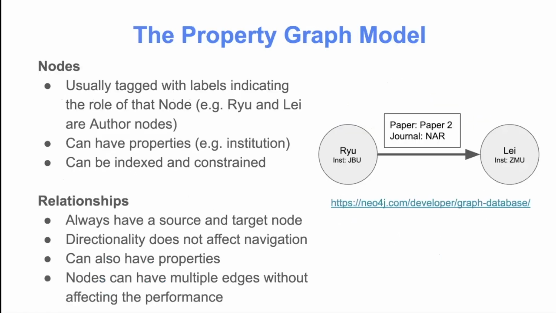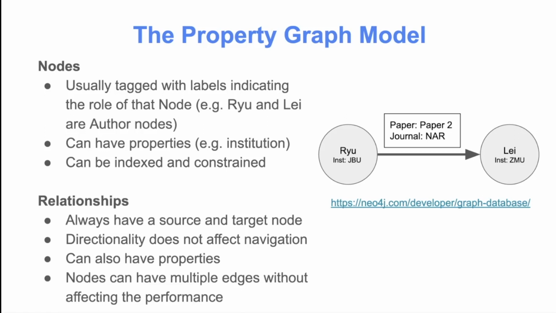And so here is the property graph model. When we look at graphs, it really has two components. It has the nodes and it has the edges, or the relationships, that connect the nodes. Nodes are usually tagged with labels, or as I call it, the types or the kind, wherein you're trying to say what the role of that node is.